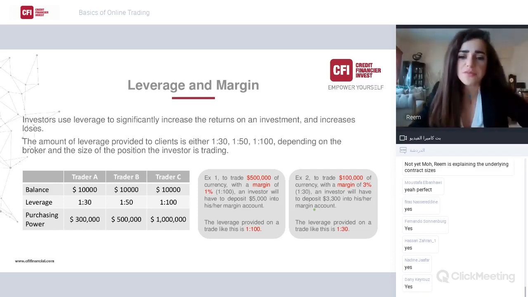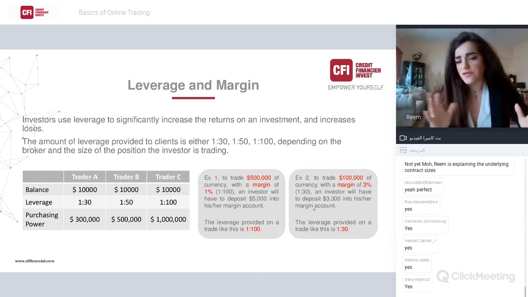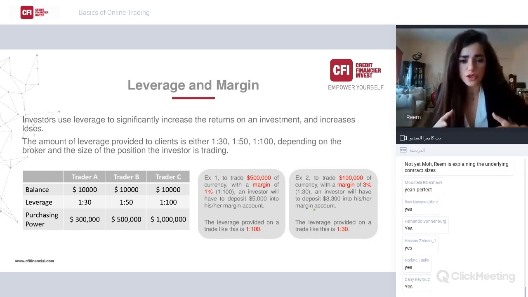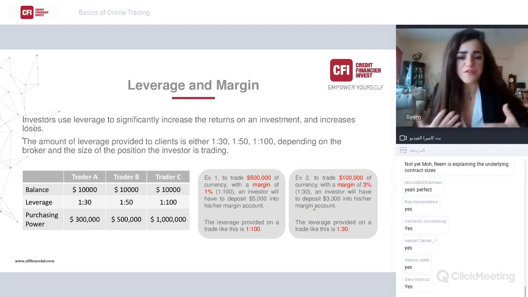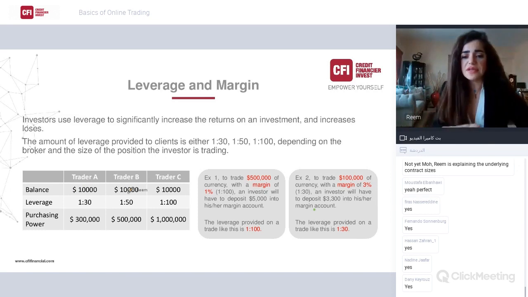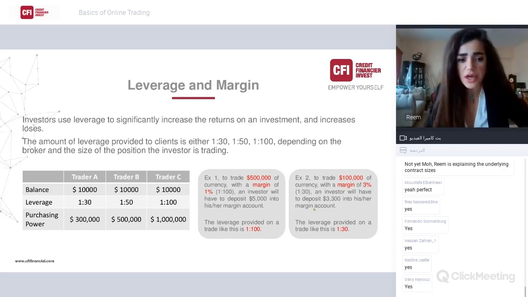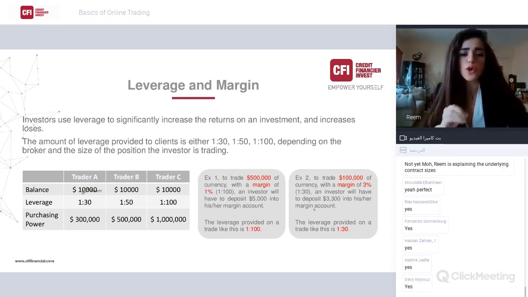This is where leverage comes in. Leverage increases your purchasing power. This is what leverage is. It increases your purchasing power, okay? This leverage is usually decided between you and your brokerage firm. In our entities, we have different leverages that we provide. Some entities we provide 1 to 30, others 1 to 50, 1 to 100. This is tailored to every entity because in each entity we're regulated based on the country where we are obliged to offer certain leverages rather than others.